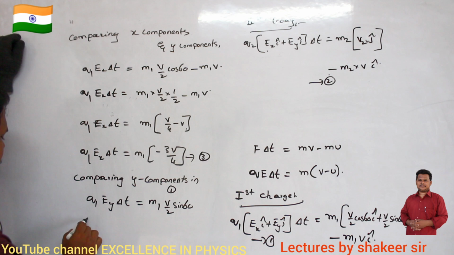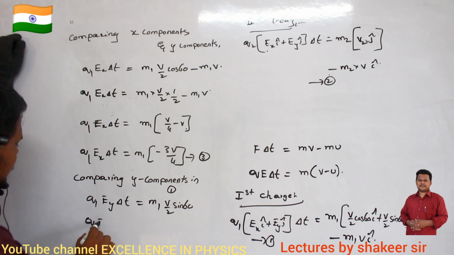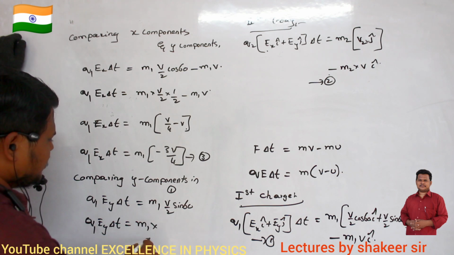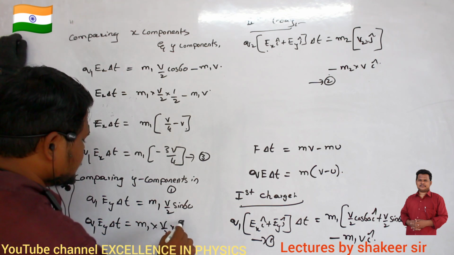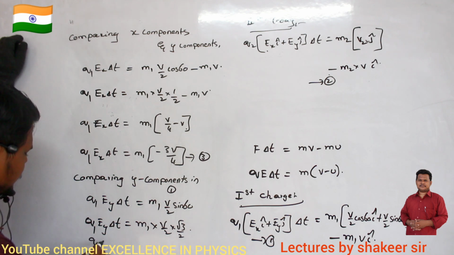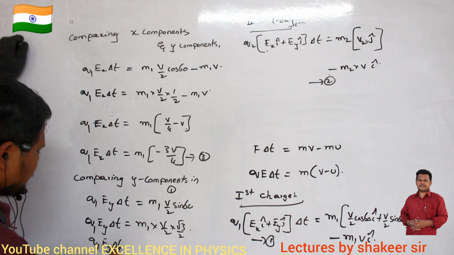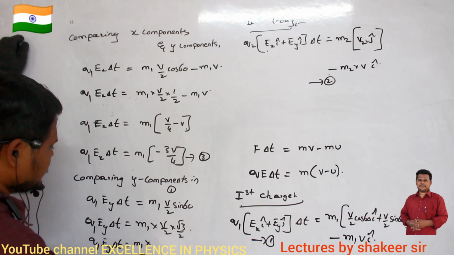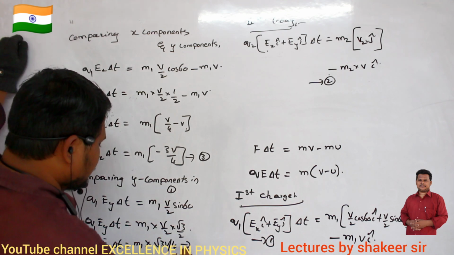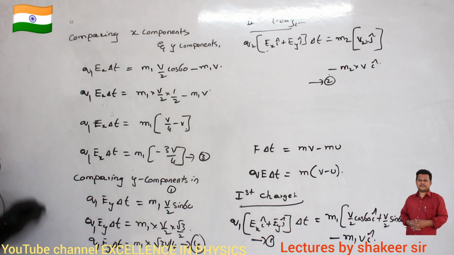Only one component. So Q1 Ey delta t is equal to m1 into v by 2 sin 60, which is root 3 divided by 2. Therefore Q1 Ey into delta t is equal to m1 into root 3 v divided by 4. Let it be our equation number 4.